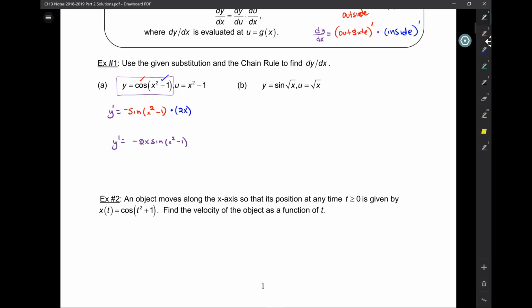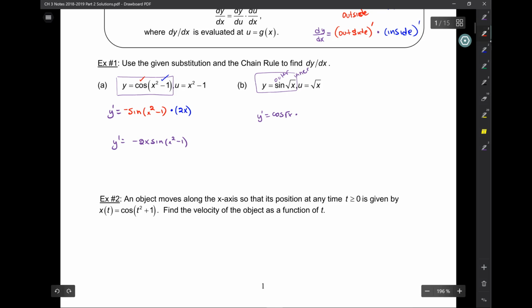All right? Let's do this one. This is the function. Again, the outside function is sine, and inside I have root x. So this is the outer function, this is the inner function. So y prime is cosine root x times, now I have to find the derivative of root x.